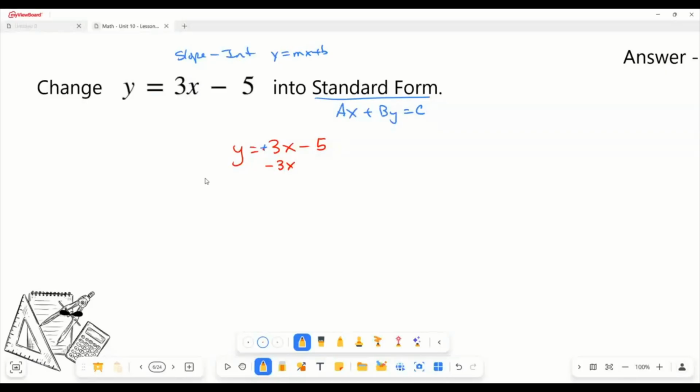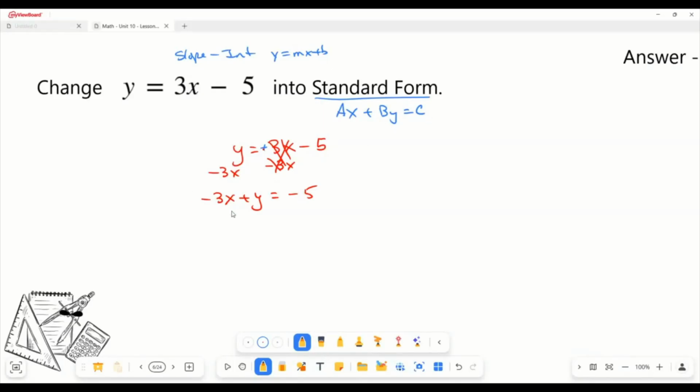If I do that on the right, I have to do that over here on the left. -3x and positive y don't combine. So this is -3x plus y. Over here, these add out. We're left with -5.